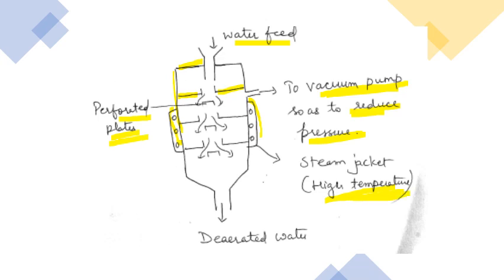Under all these conditions, the solubility of the dissolved oxygen as well as carbon dioxide decreases. So you get deaerated water which is free from oxygen and carbon dioxide content. Understood? The solubility goes on decreasing in the water and the gas remains here. That's the mechanical deaeration process, and we get deaerated water which is suitable for boilers.